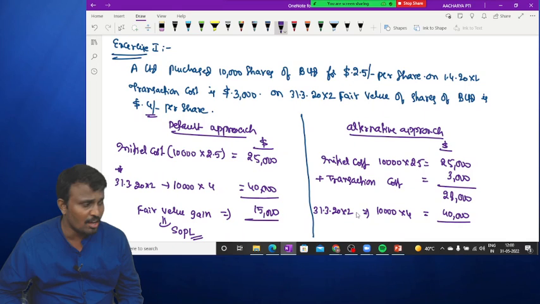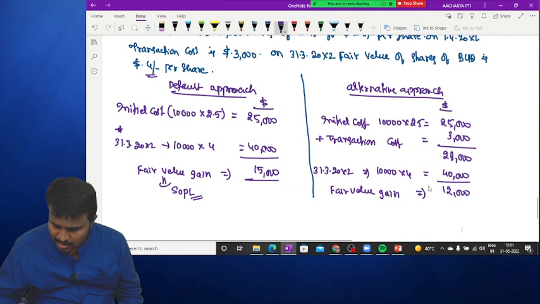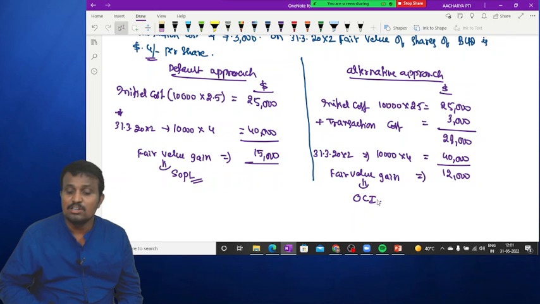Fair value gain. So how much amount is there? 12,000. And this fair value gain is transferred to which account? Other comprehensive income, not in P&L.